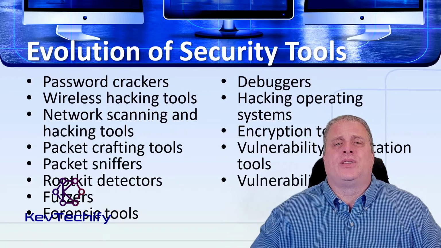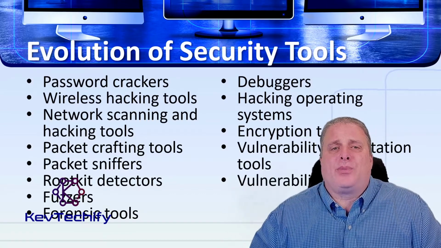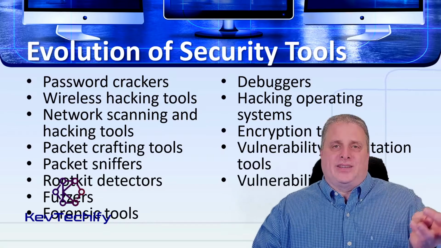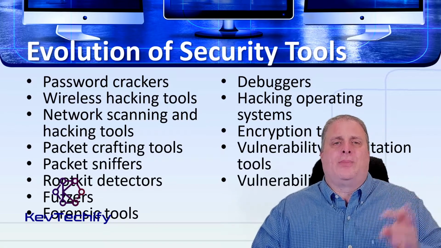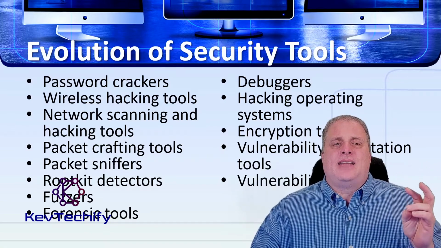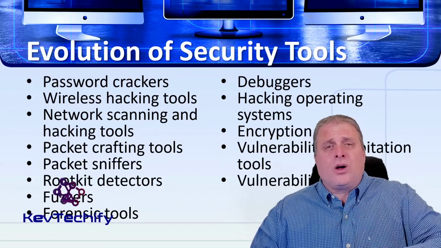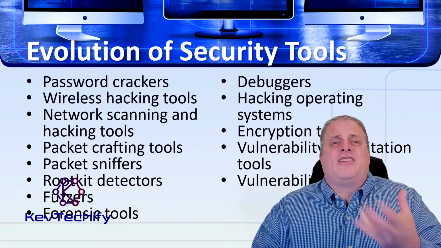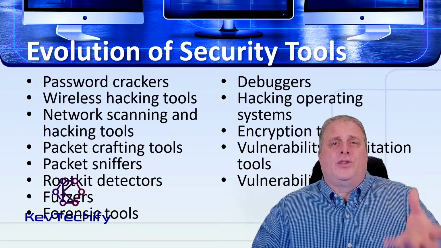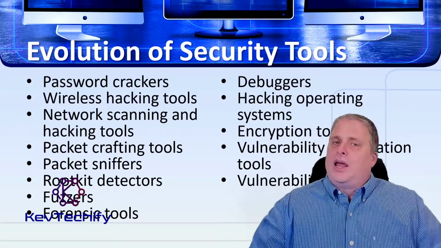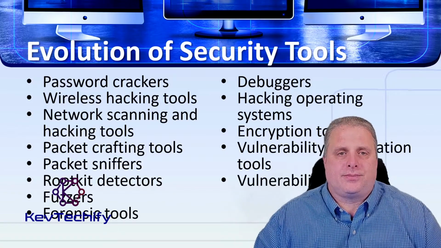Some examples of specially designed hacking operating systems include Kali Linux, which is probably the most popular, SELinux, Knoppix, Parrot OS, and BackBox Linux. Those all typically provide a live boot, so you can boot off a CD or off a USB without affecting your operating system, and you have all those hacking tools.